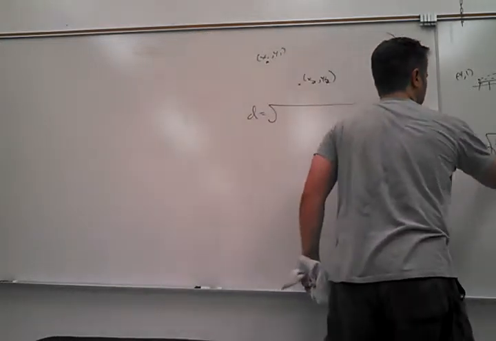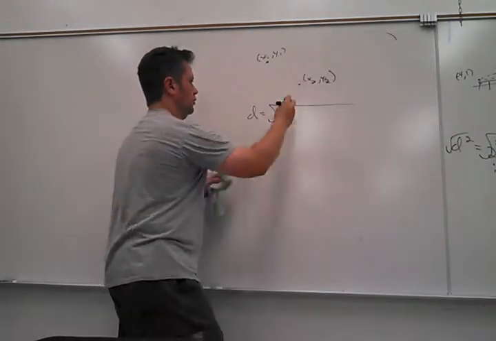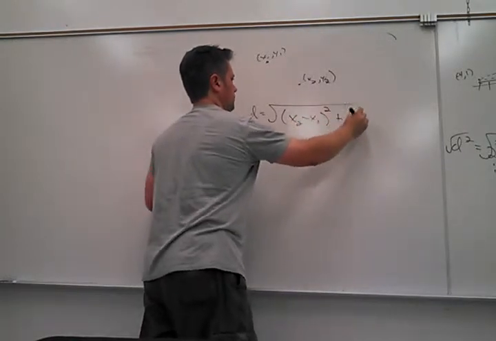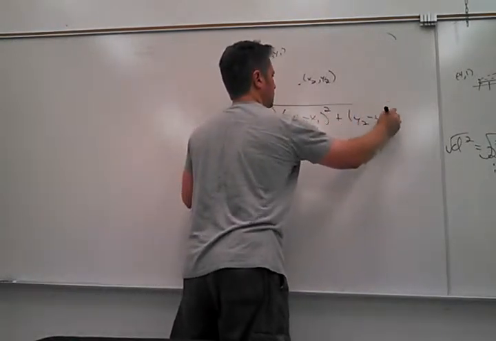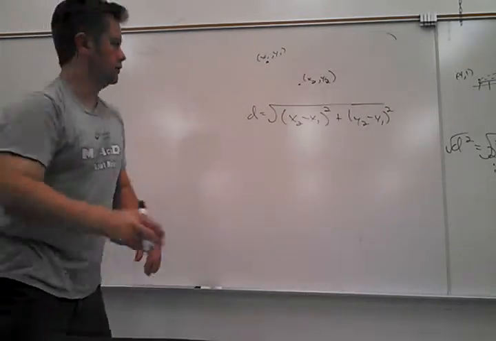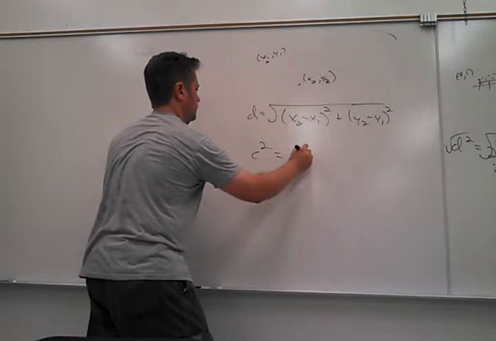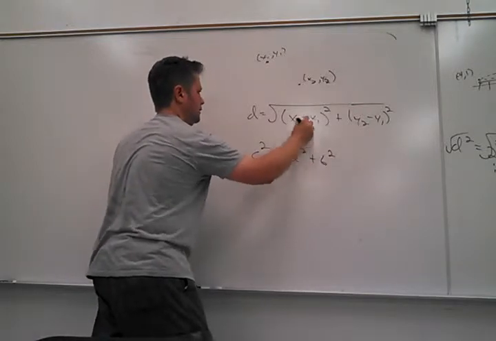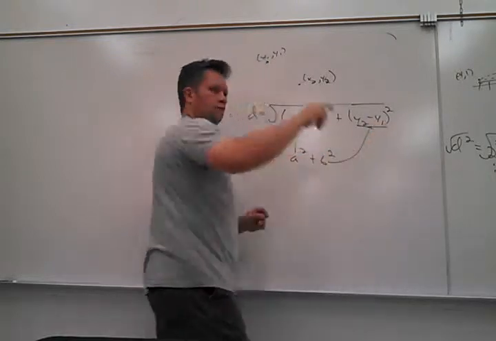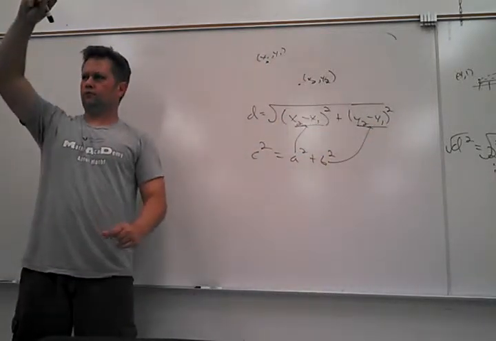Is that cool? Because you got to square root both sides. Square root of how far you went on the x-axis plus how far you went on the y-axis. So it's really just the Pythagorean theorem, where A is this and B is this for that side. Cool.